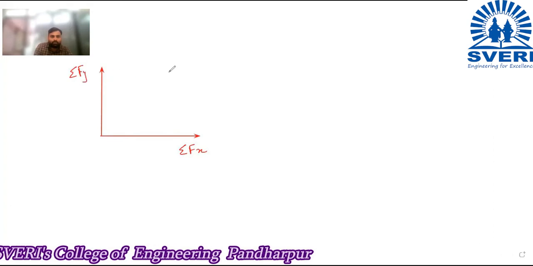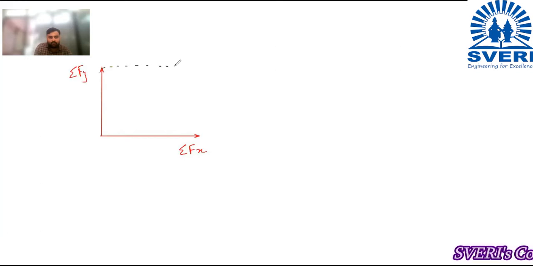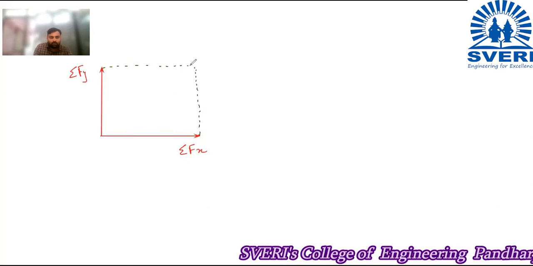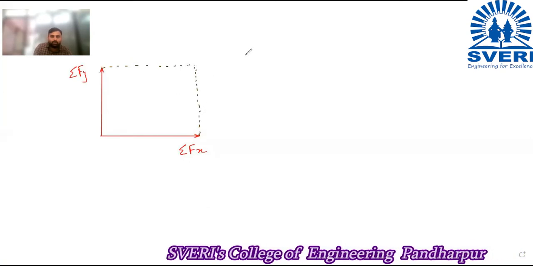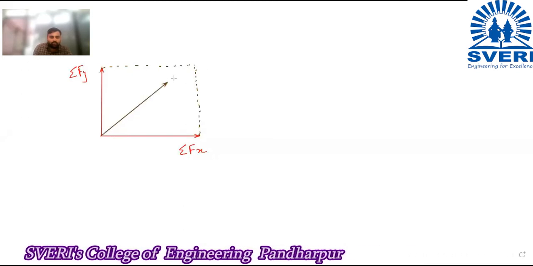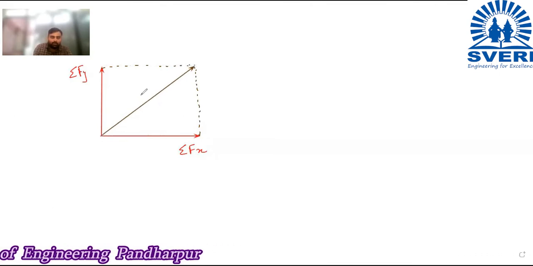If I use the law of parallelogram of forces, then I will extend this line and I will extend this line also. Where they meet, my parallelogram will get complete, and then the diagonal of this will give me the resultant R, and this is my angle alpha.